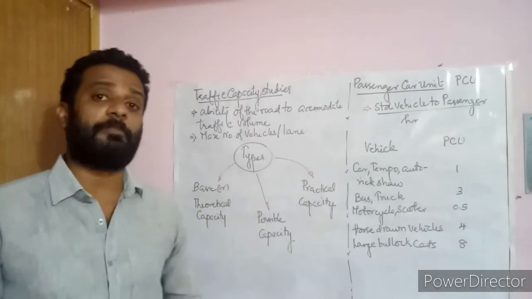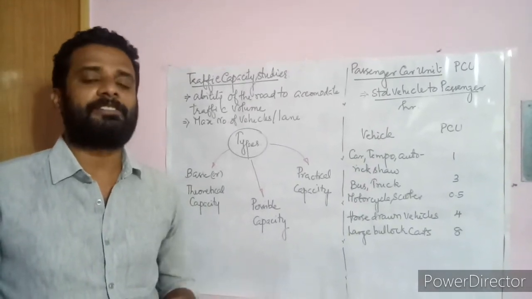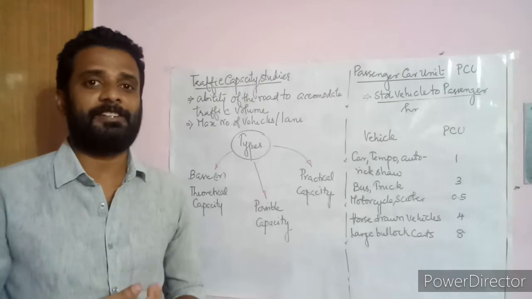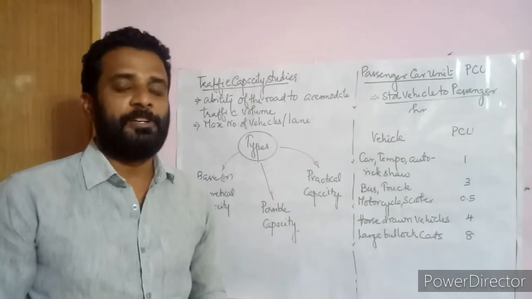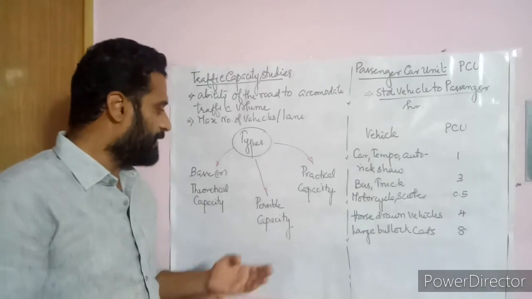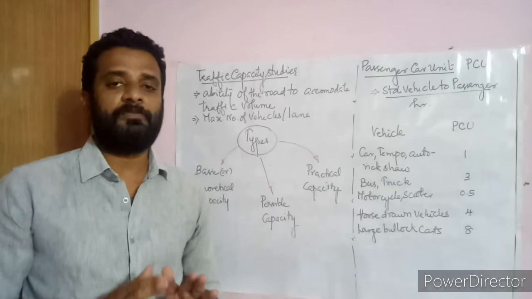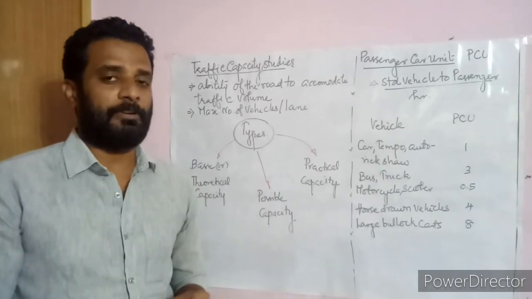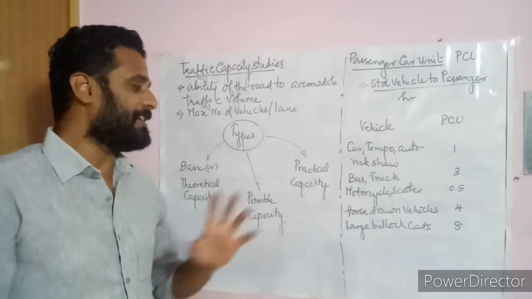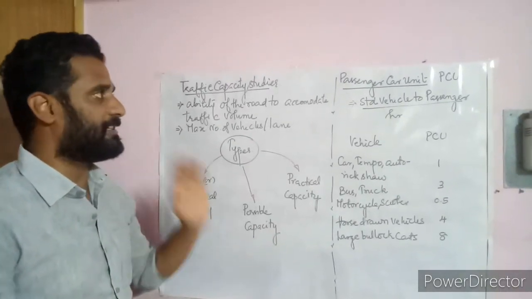Possible capacity is related to trend charts. As in the last lecture, we saw a form of trend chart, which is used for predicting the future traffic volume. Based on these trend charts, we estimate the possible capacity, and practical capacity is what we face on site. It is the on-site traffic volume which is called the practical capacity. So these are the basic three elements in traffic capacity studies.